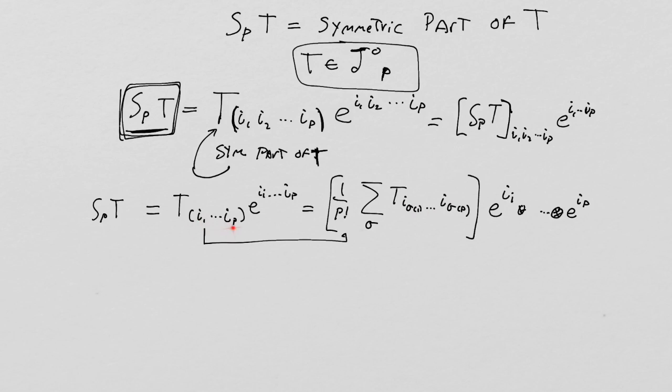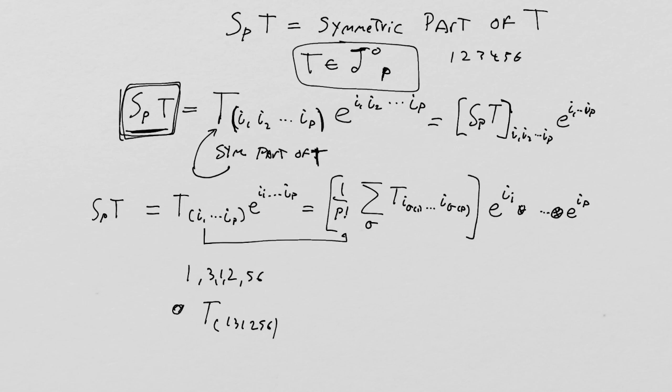So I have to start with a selection. Say I started with the selection 1, 3, 1, 2, 5, 6. I was saying we're dealing with a six-dimensional space, so we have 1, 2, 3, 4, 5, 6 different dimensions out there. I'm wondering about T symmetric part 1, 3, 1, 2, 5, 6.